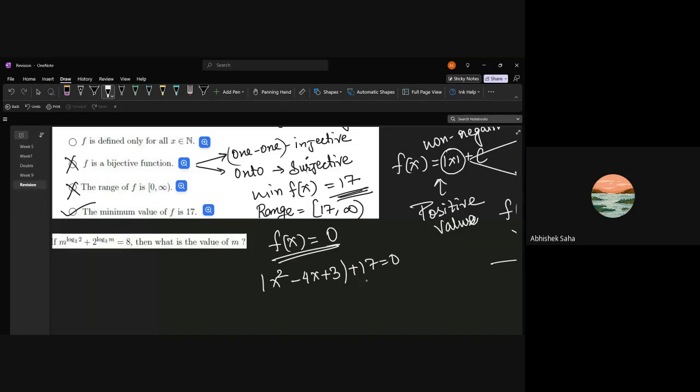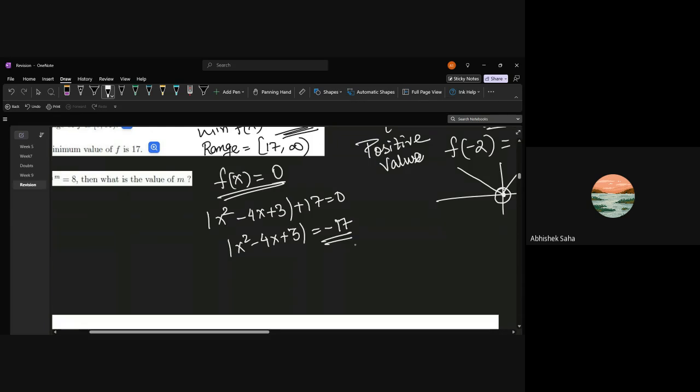Till then we can write like this: f(x) is equal to 0. You are saying that 0 is the minimum value. Now can we write x square minus 4x plus 3 is equal to minus 17? Is it possible to get a negative value of modulus?